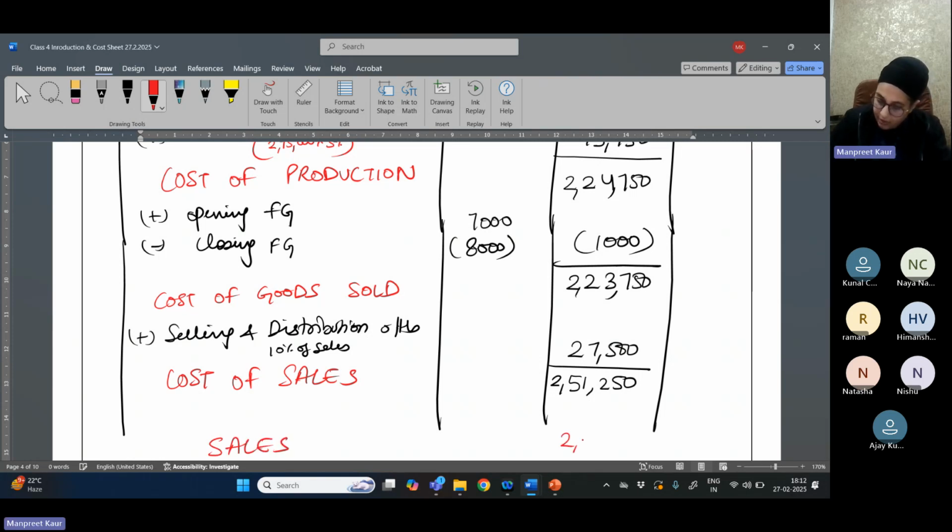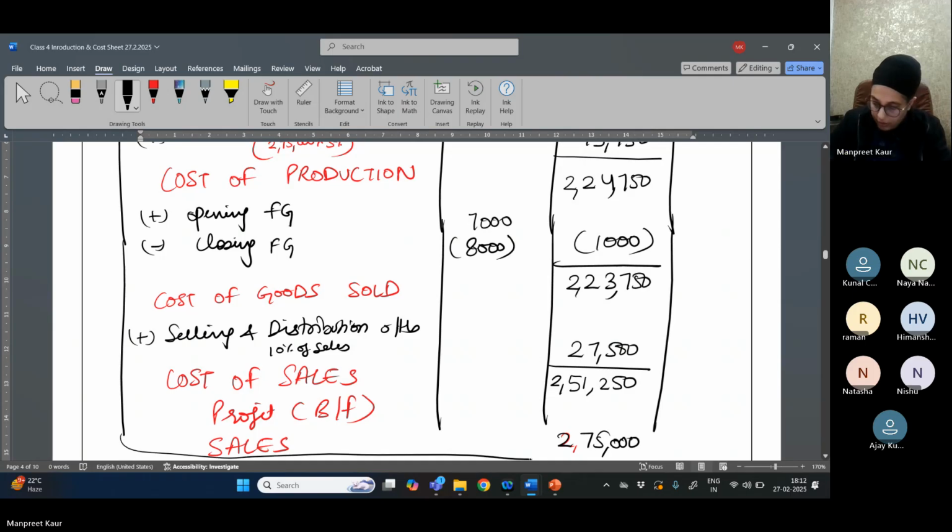Sales is 2,75,000. Here we get the profit through balancing figure. The difference of 2,75,000 and 2,51,250 is our profit. That is 23,750. This is the detailed cost sheet.